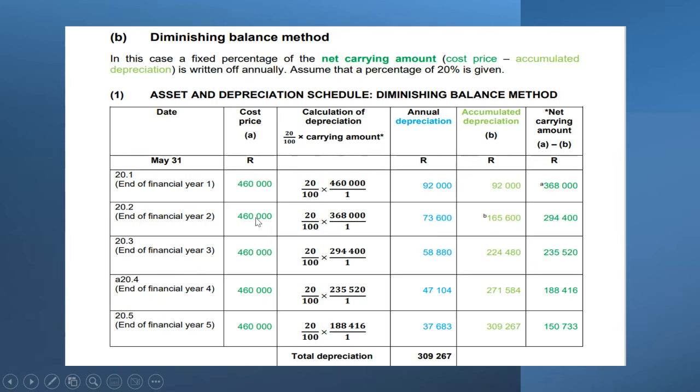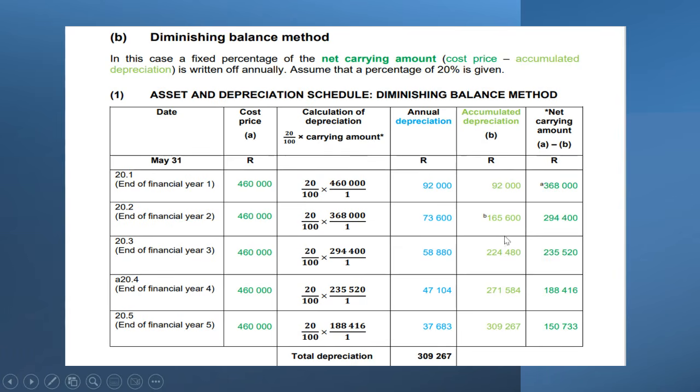It's 460,000 less our accumulated depreciation for the previous year, which is 92,000, because our residual value is 0. So you're going to get 368,000, which is our carrying amount. Then you multiply by 20%, then you multiply by 12 over 12. Then you will get our annual depreciation of 73,600.